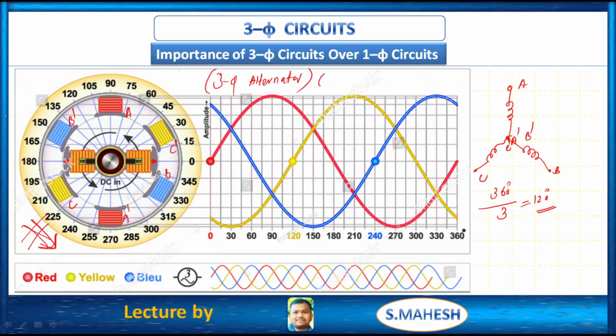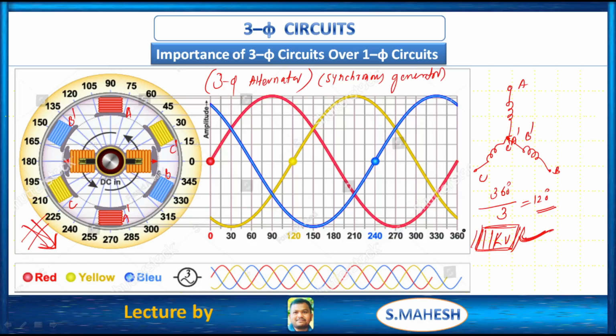Means what? Synchronous generator, right? For example, from this we got 11 kV of voltage. If we consider KTPS Palvancha, there we have 11 kV of voltage by using what? 3-phase alternator. In every power plant, this is the source to provide 11 kV of voltage.